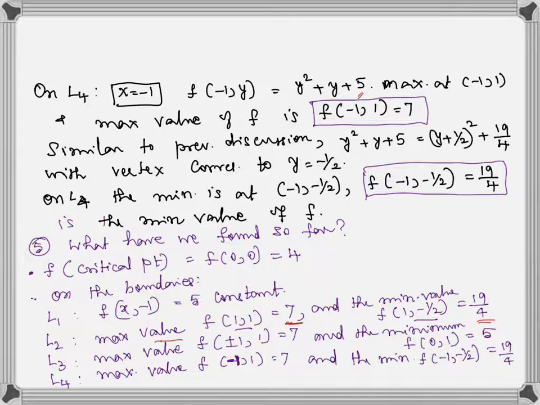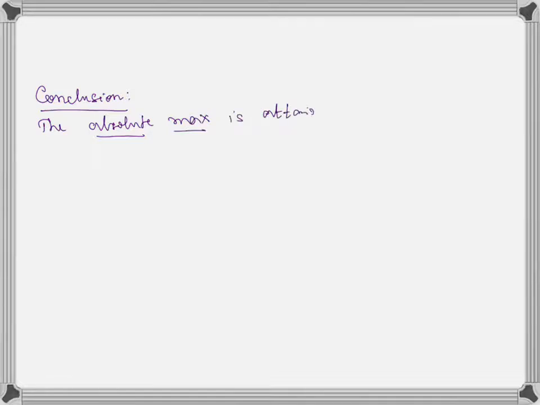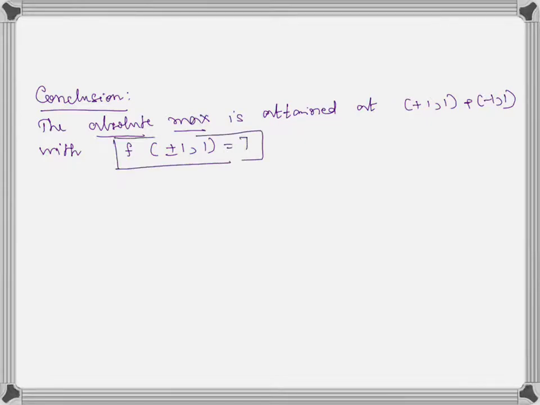So we got all these values, and the biggest of all of these is the absolute maximum. Conclusion is, the absolute maximum is the maximum in all the parts that we got in summary. The absolute maximum is attained at (1, 1) and at (-1, 1), with f of (plus or minus 1, 1) being equal to 7.